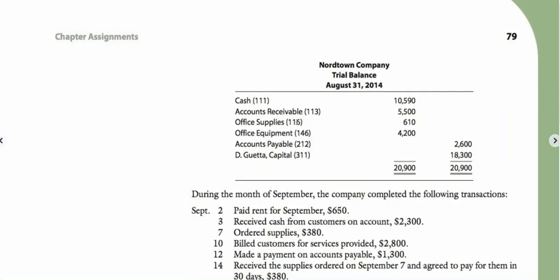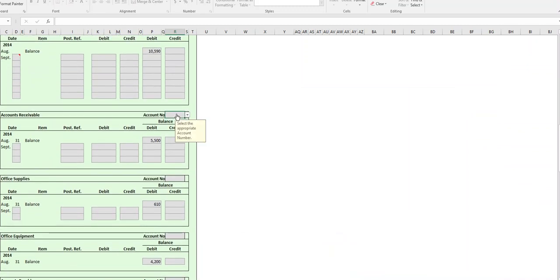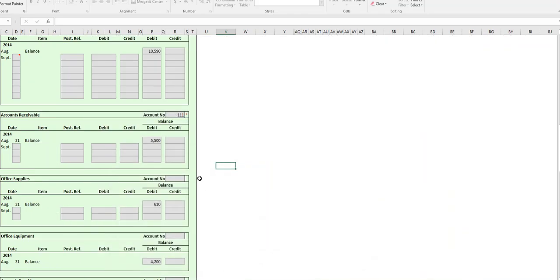By the way, we do need to put the account numbers. 111. So you can go in and do that. You drop down, it's 1100. Oh, I'm sorry, 111. My apologies. And so accounts receivable is 113. So that's wrong. And notice if I did that wrong, there's a red asterisk. You guys see that?